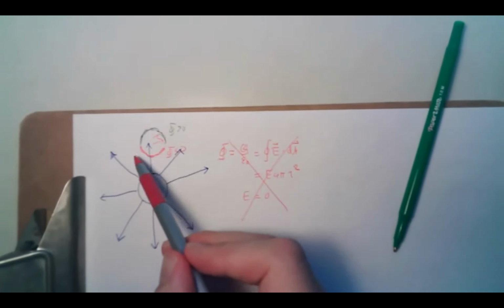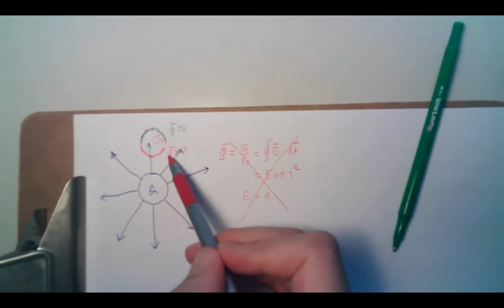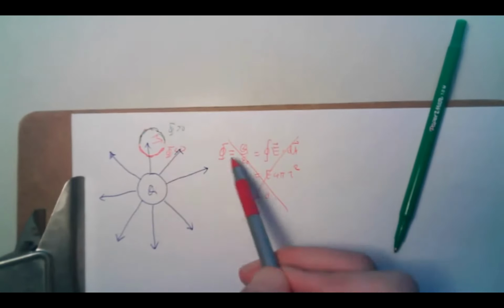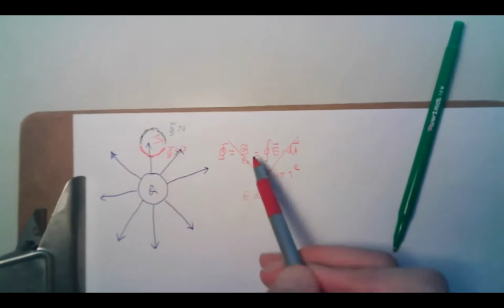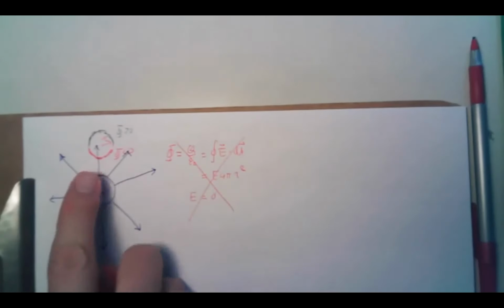And because the enclosed charge is 0, both of these are going to add up to a net flux of 0. So indeed, the flux is going to be 0 because the enclosed charge is 0, but that does not imply that the electric field is 0, because the electric field is not the same at this point compared to this point. So be very careful with these symmetries.